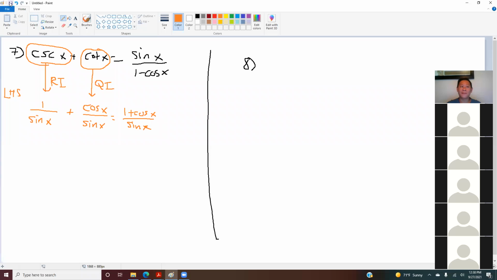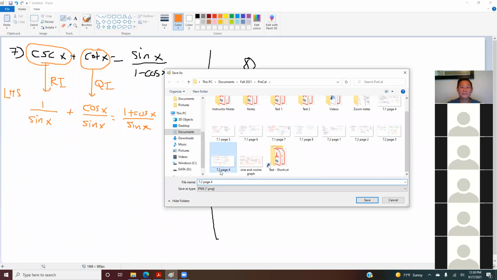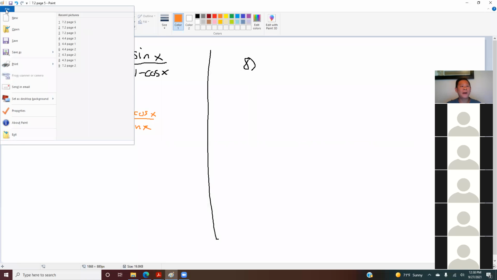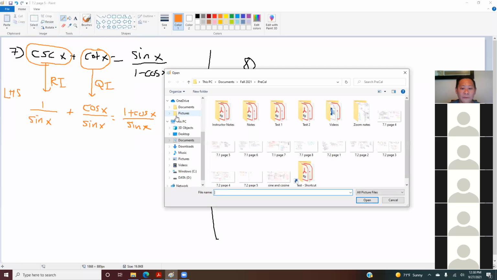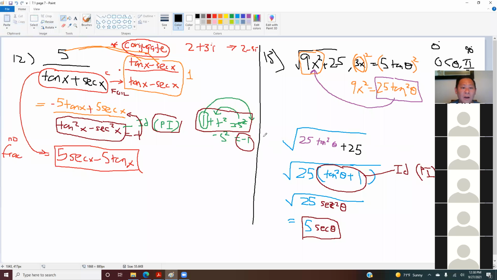If you remember, this is back in last section 7.1. So back in section 7.1, what was that friend of yours? We call that the conjugate. Remember, you got a plus, what's the conjugate? It's the minus. So we multiply this with the conjugate. Remember this one, number 12.